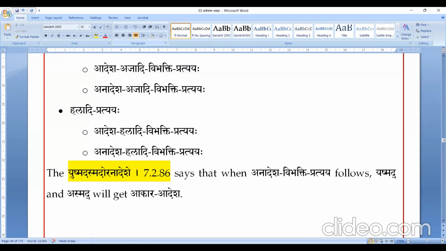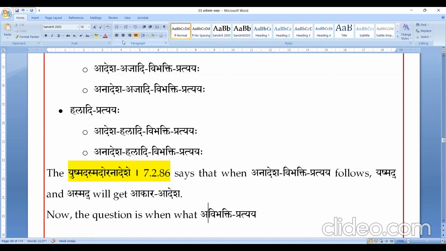Now, the question is, what vibhakti pratyaya? The question is, when what vibhakti pratyaya follows, this change will happen.